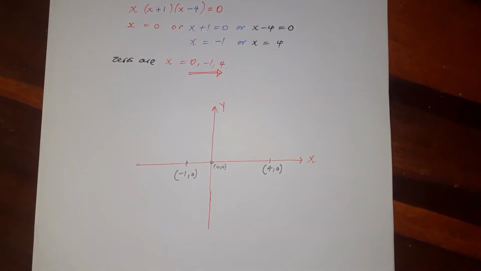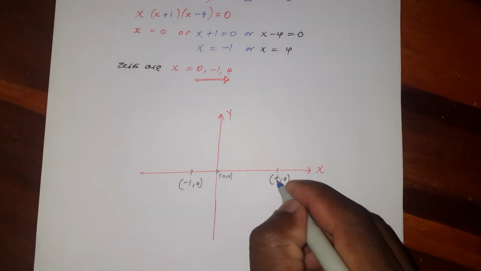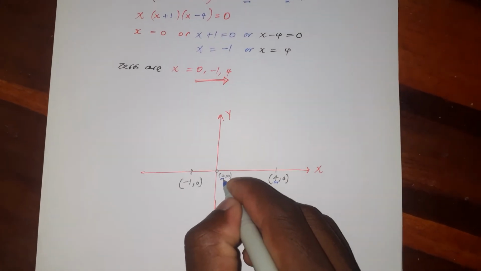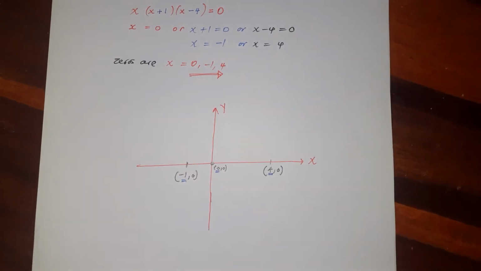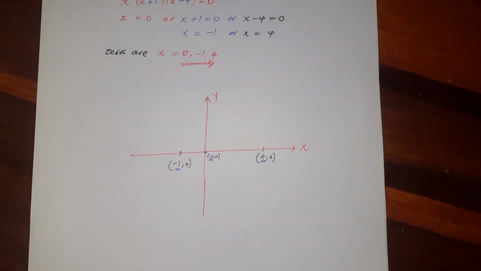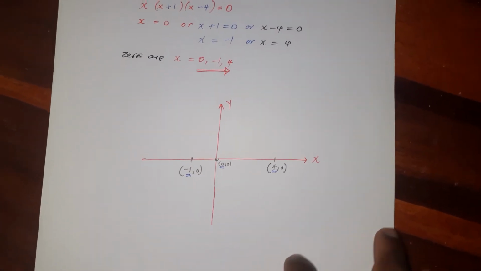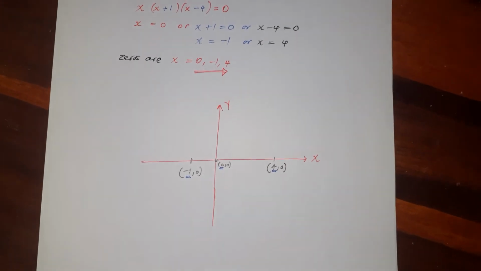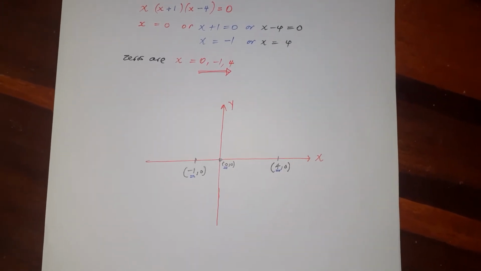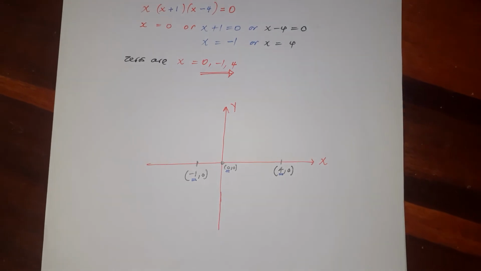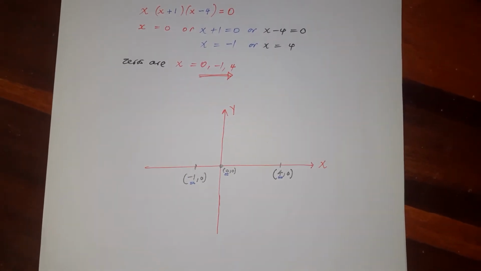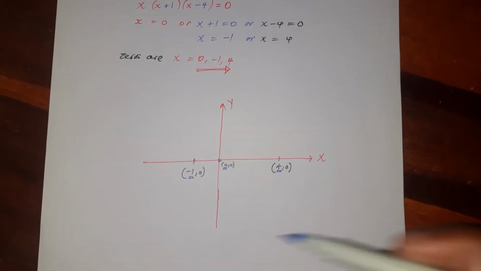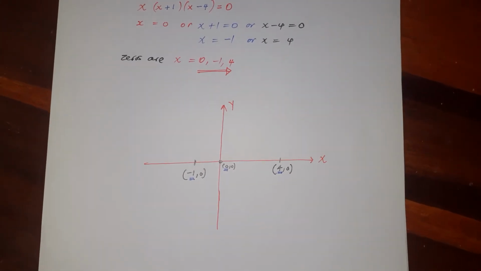But don't forget that the main points here are this 4, the 0, and the -1. Those are the most important points. Now that we are done plotting the points, we now have to draw our graph passing through those 3 points.